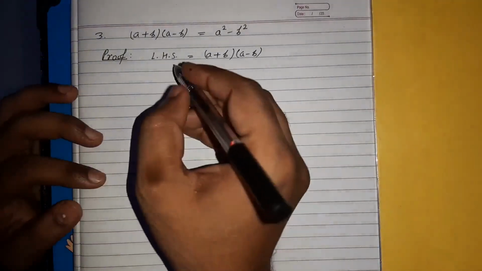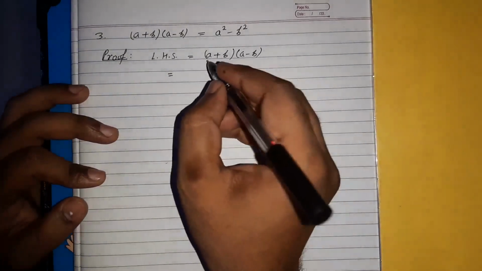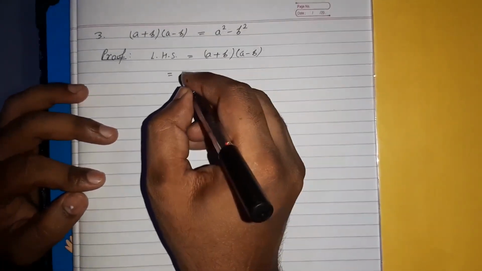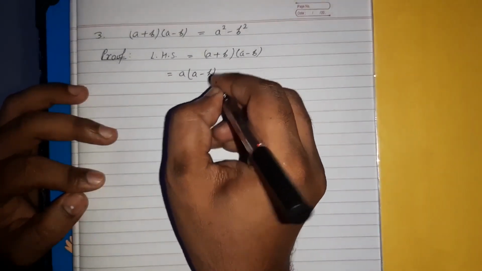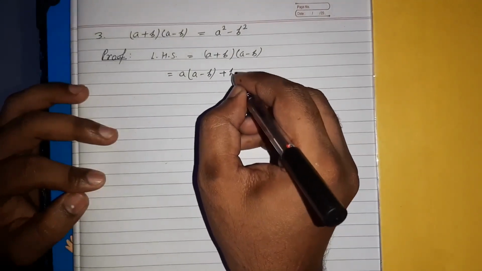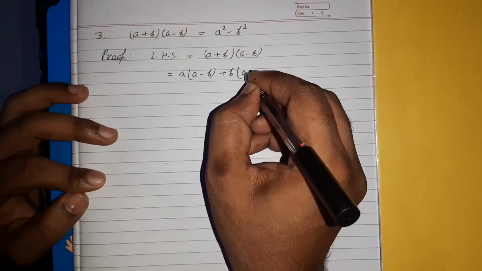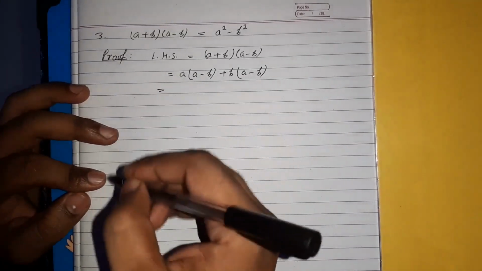Okay, so now we will simplify these two brackets. First we will take the first term of the first bracket and multiply by the second bracket (a minus b). Then we will take the second term of the first bracket with sign and multiply by the second bracket (a minus b).